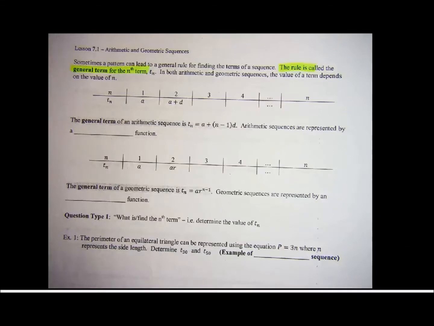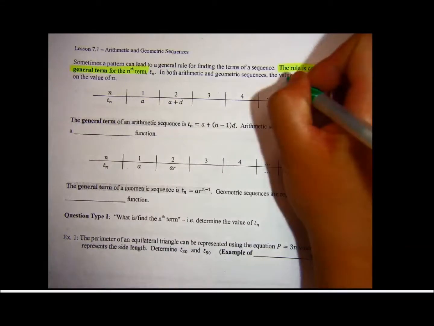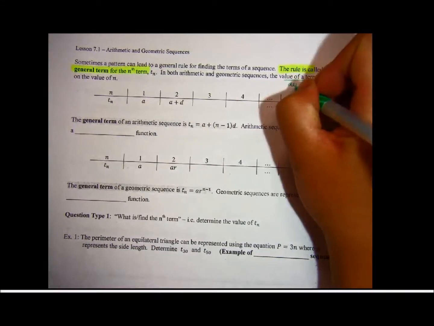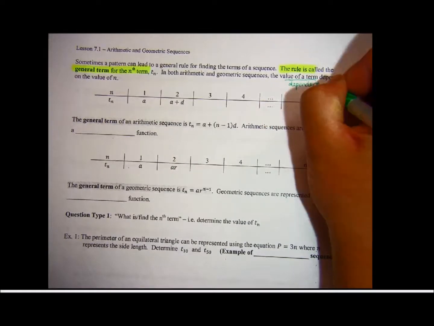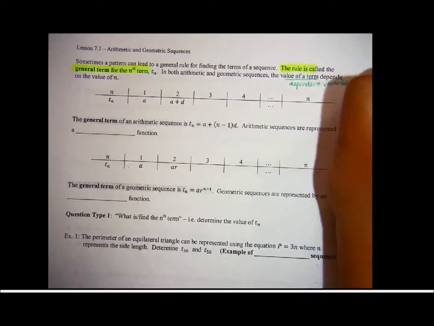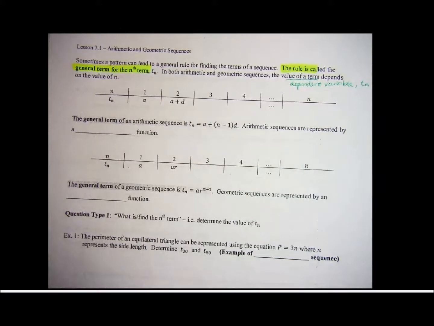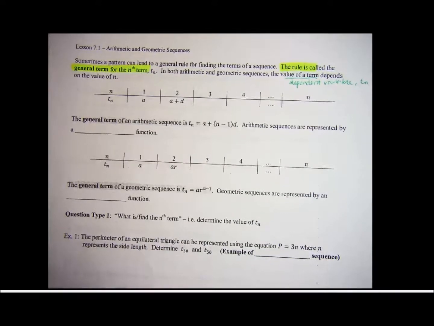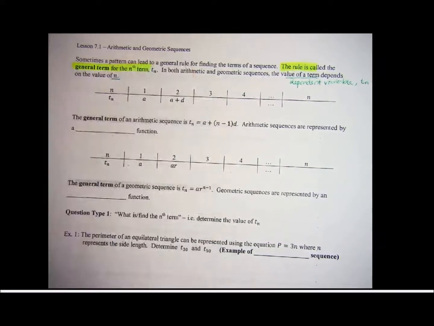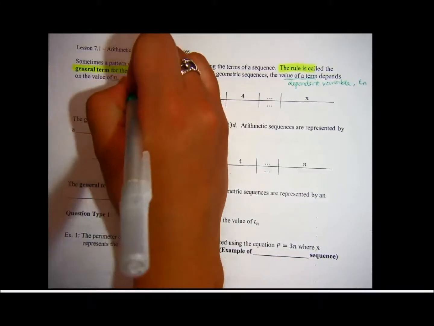So if we were to talk about it in terms of functions, the value of a term would be the dependent variable, which is denoted as t subscript n. And the value of n, the term number, would be the independent variable.